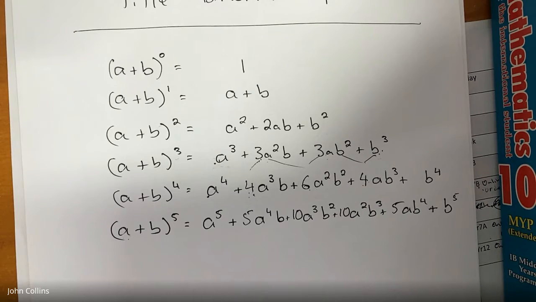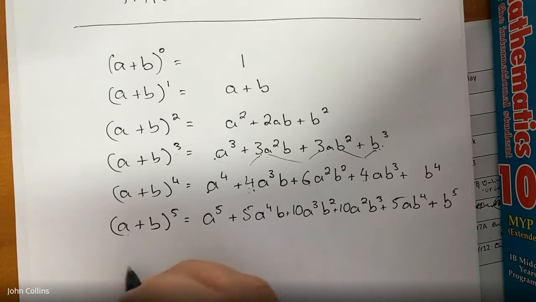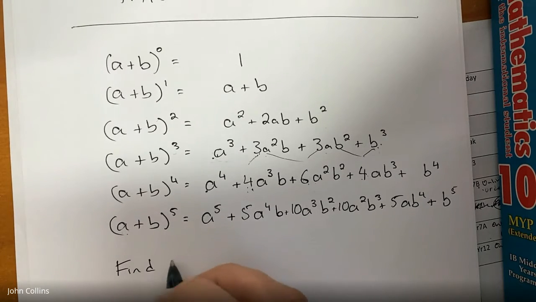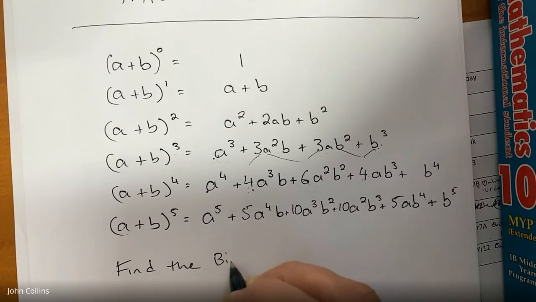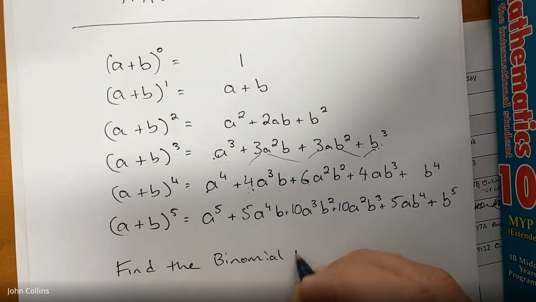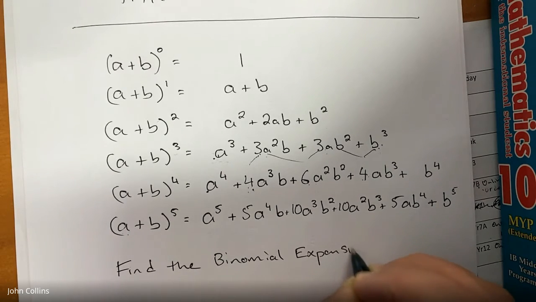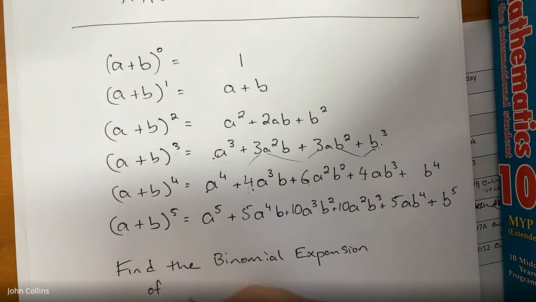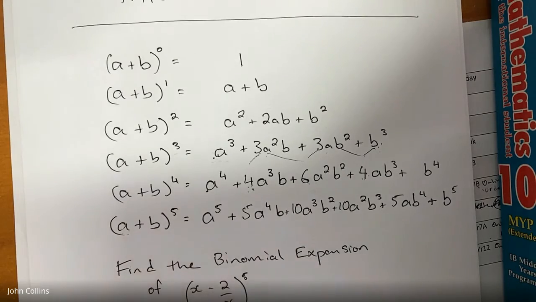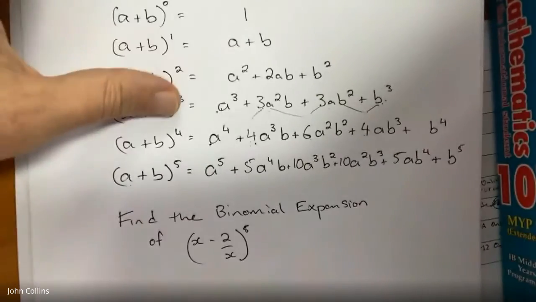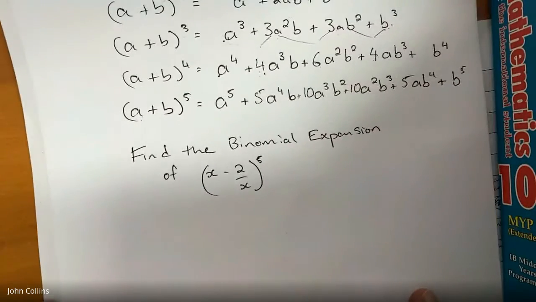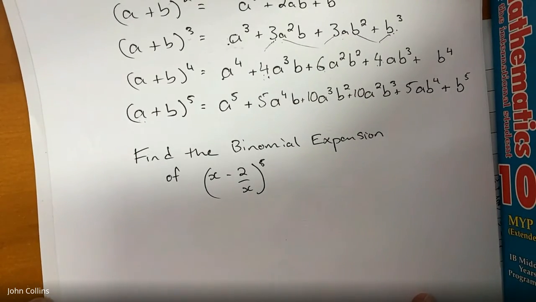Let me write the question here. So I want to find the binomial expansion of this tricky looking thing, x minus 2 divided by x.